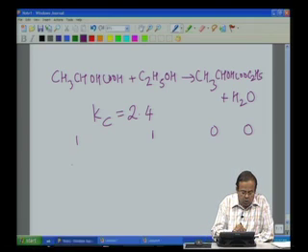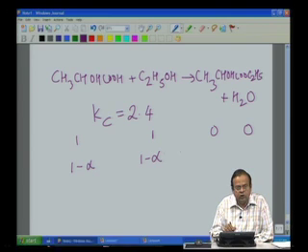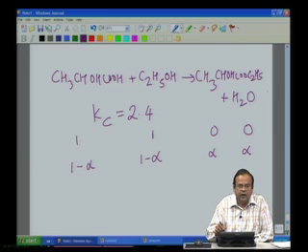So, at any given time 1 minus alpha is the lactic acid remaining, 1 minus alpha is the ethanol remaining, and alpha each of ethyl lactate and water is formed.